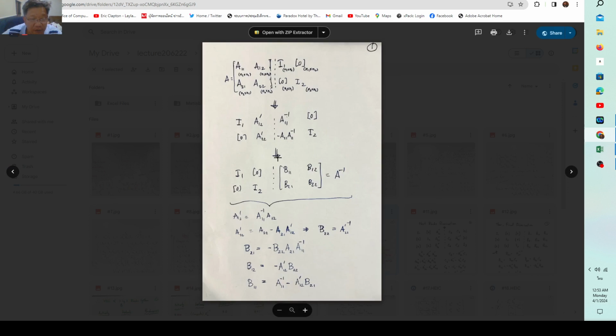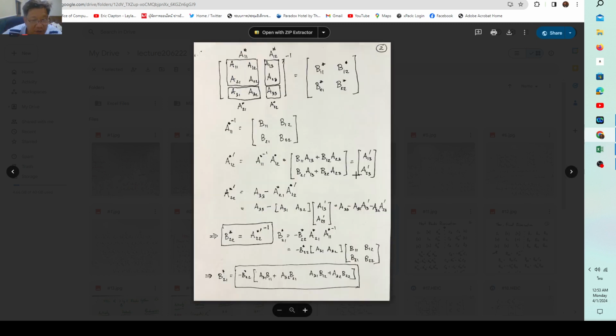Remember that? You converted this to become I1. So this one becomes A11 inverse over here and A12 prime. Once you eliminate this one, during the process you get A22 prime becoming the original A22 star. A22 star prime, the original value is A33 minus this one, the elimination part, A21 star times A12 star prime, because you want to make this an identity matrix first.